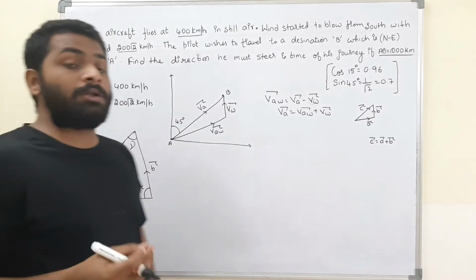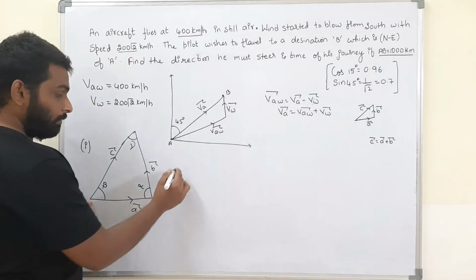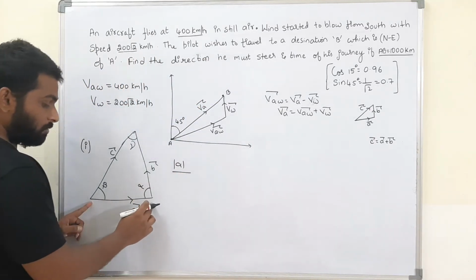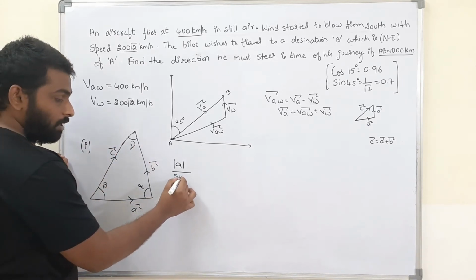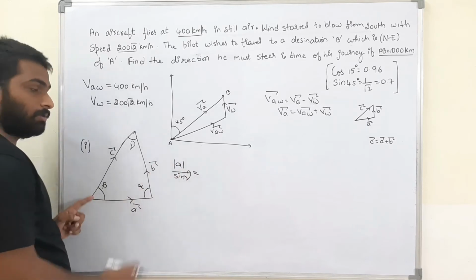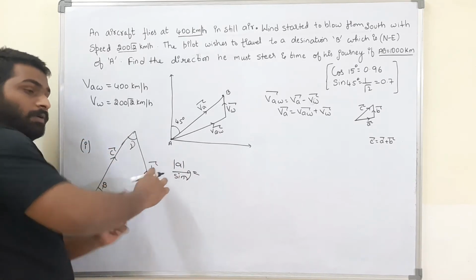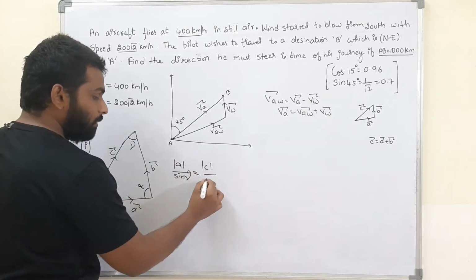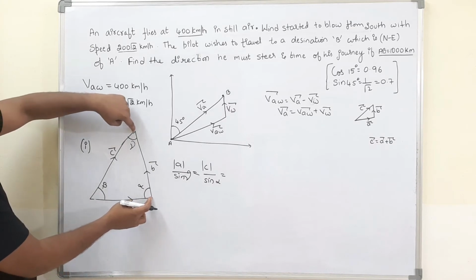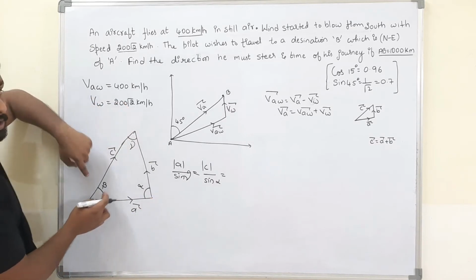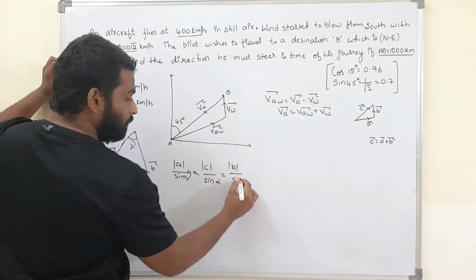According to the sine rule, what is the sine rule? According to the sine rule, modulus of A by sine of the opposite angle to this side, the opposite angle is gamma, therefore sine gamma, must be equal to modulus of C bar by sine alpha, the opposite angle to this, must be equal to, this is B bar, what is the opposite angle to this? Beta. Therefore, modulus of B by sine beta.